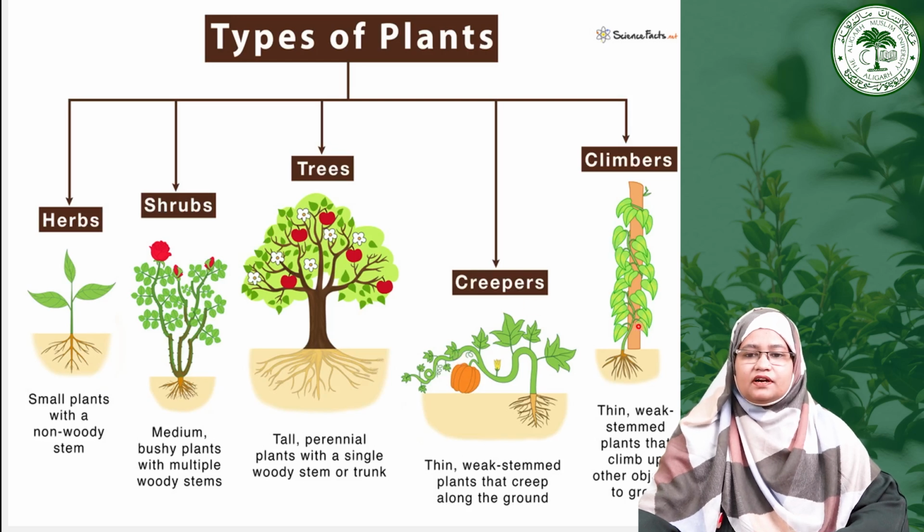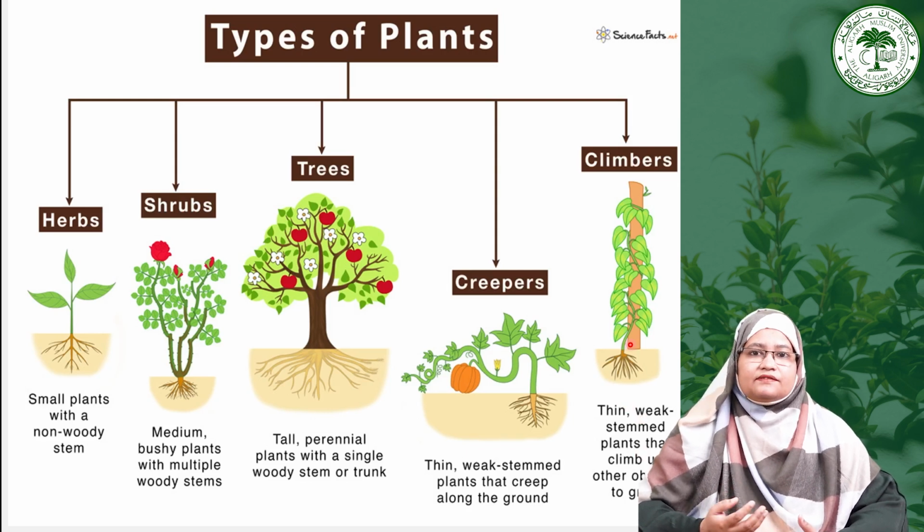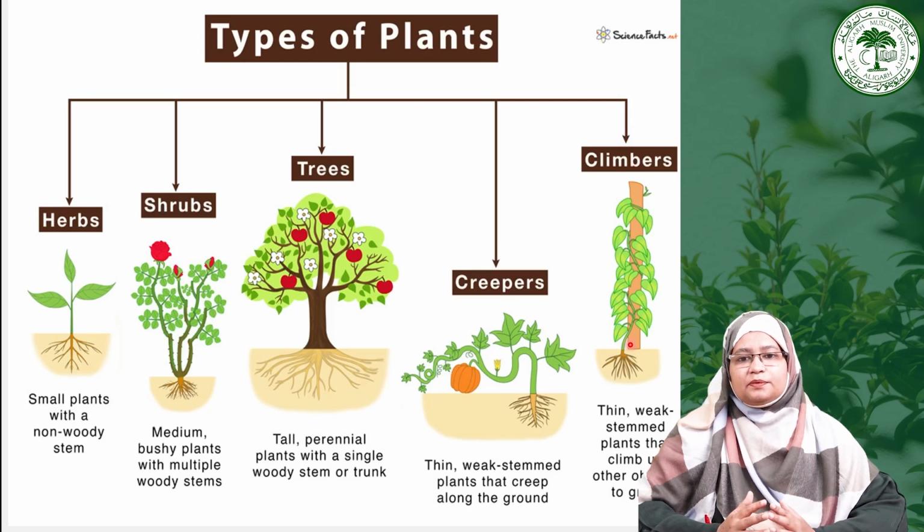Climbers also have weak stems and climb with the help of other objects, having supports like tendrils to climb on those objects. So these are the main categories of plants: herbs, shrubs, trees, creepers and climbers, depending upon their different habits.